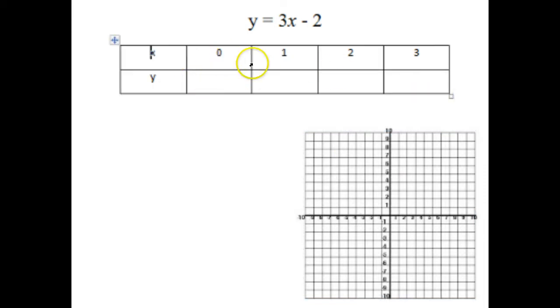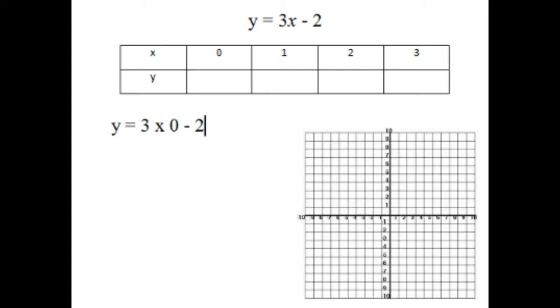Okay, so in this one here, the equation we're told is y equals 3 times x minus 2. This is a bit more complicated than the one we just did before. So I'm going to go y equals 3 times whatever x is, which in this case is 0, minus 2.